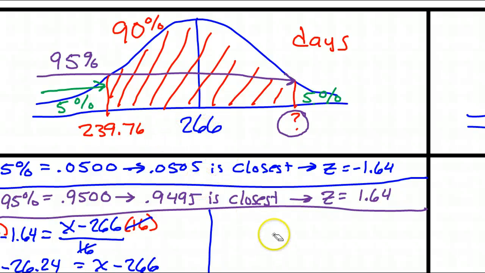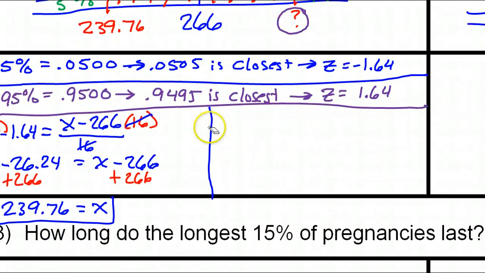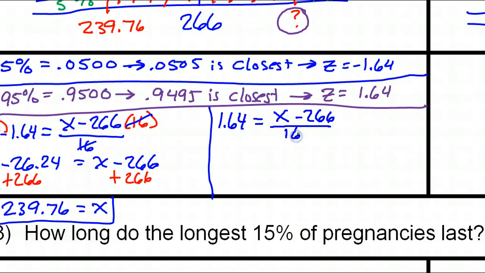Let's just calculate it again. It'll be easier. So using a positive 1.64 now, I've got 1.64 is equal to x minus 266 over 16. Once again, we will multiply both sides by 16.